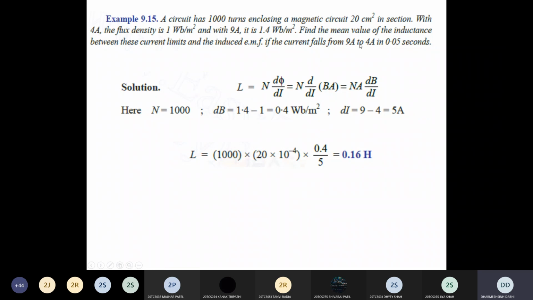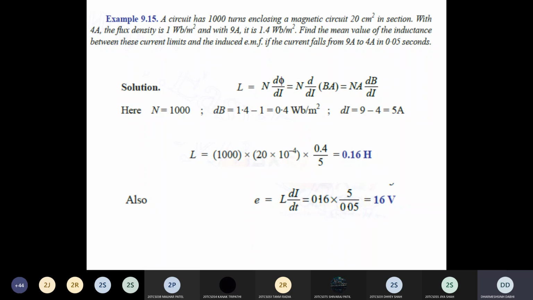Di is 5 ampere. So di by dt is how much? 5 ampere is di and dt is 0.05 second. L we already calculated, 0.16. Clear? So L di by dt, you finally get the answer 16 volt. All of you can get this answer?